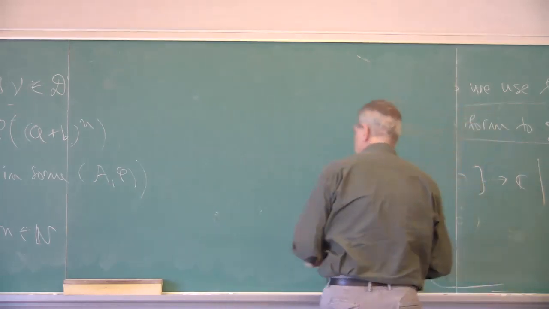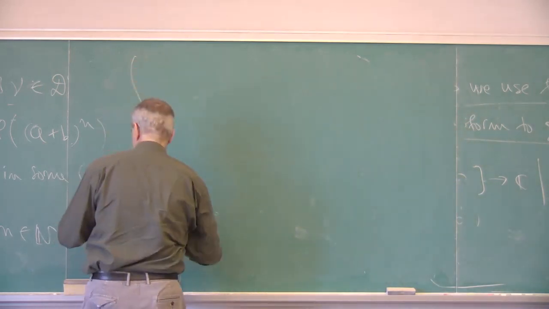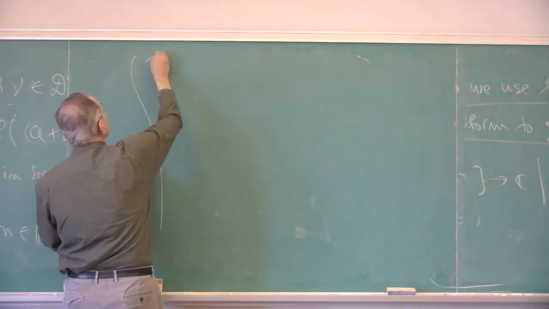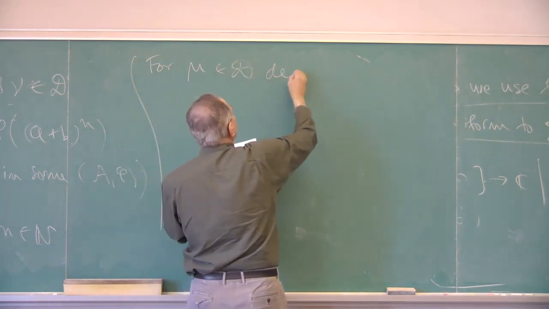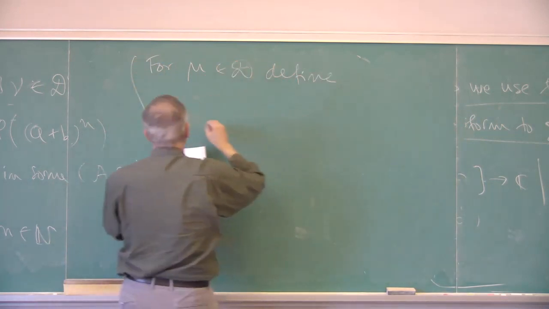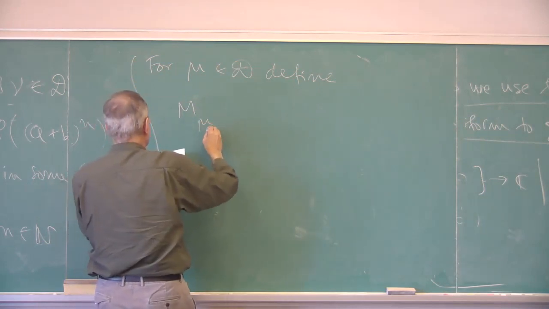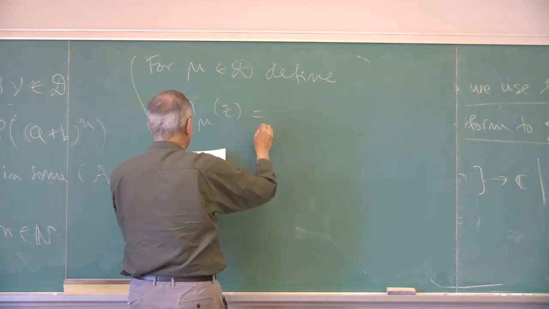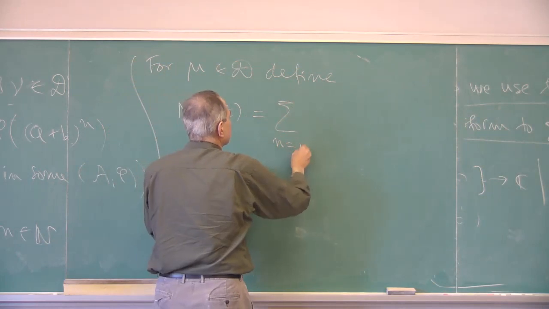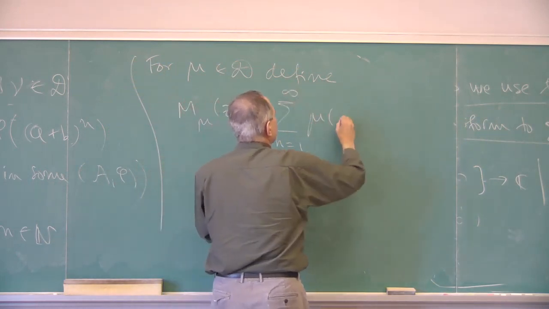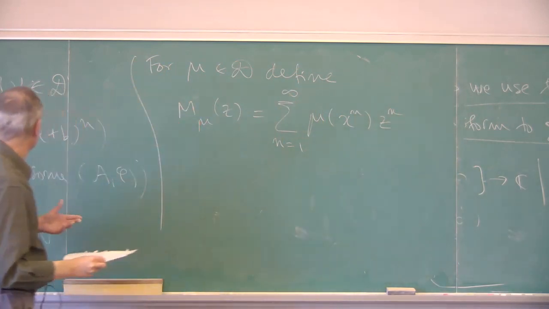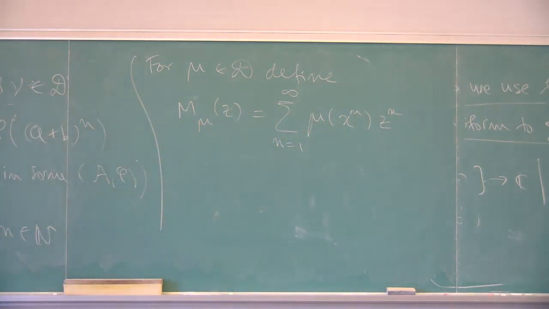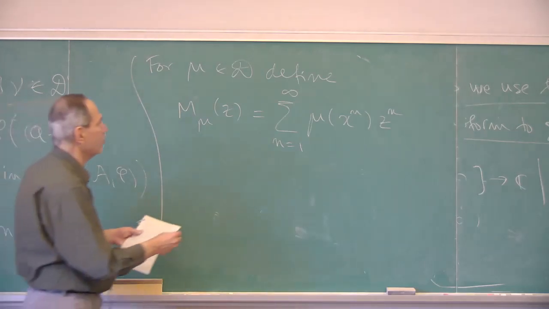Now let me also introduce this notation, which I think is in Jamie's course: any mu has a moment series M_mu, which keeps track of what mu does to the powers of the indeterminate.